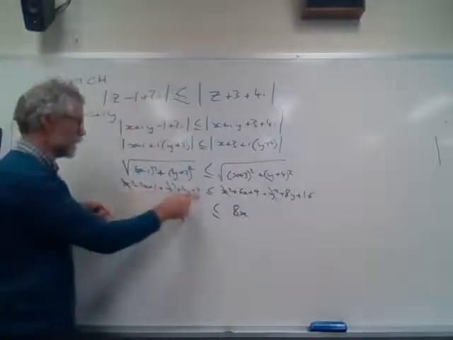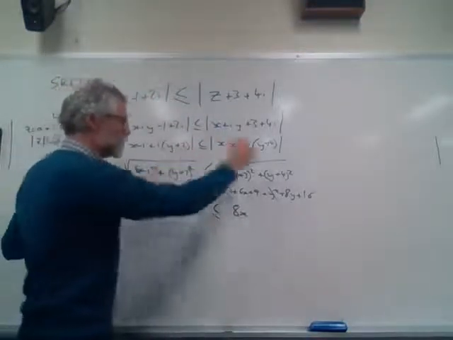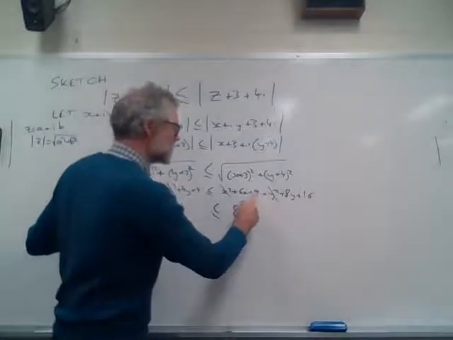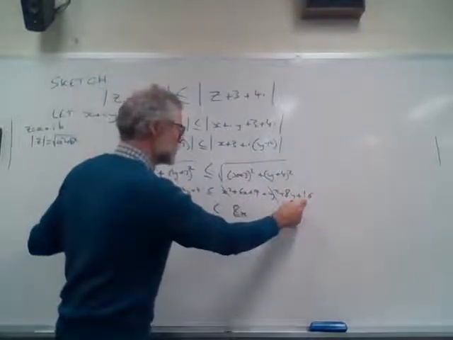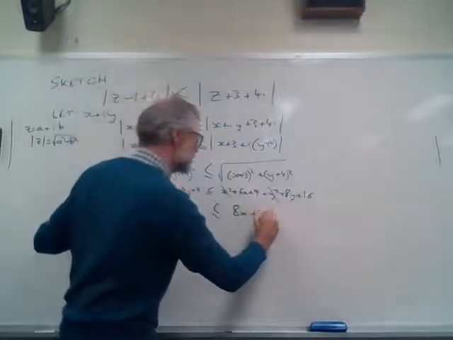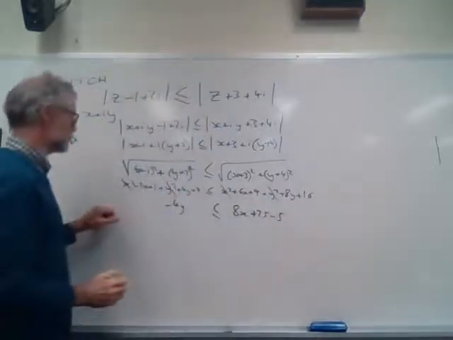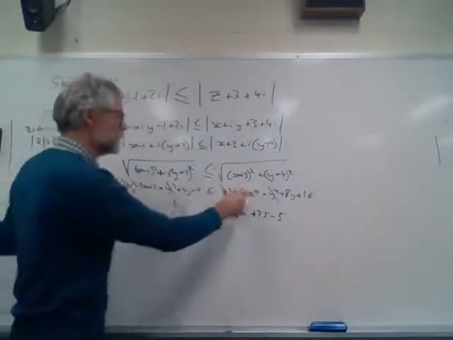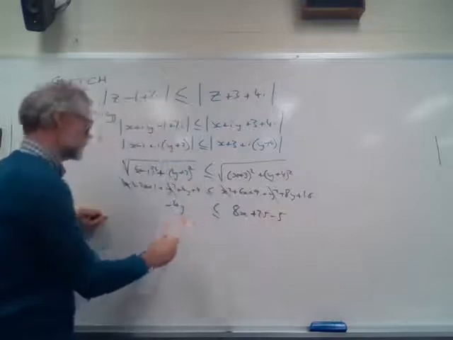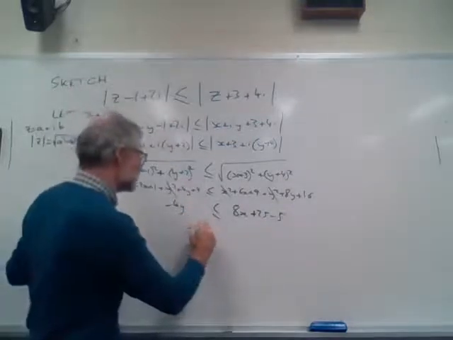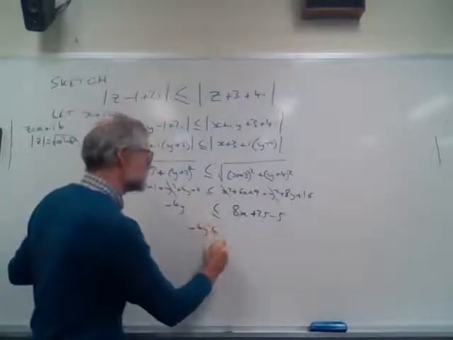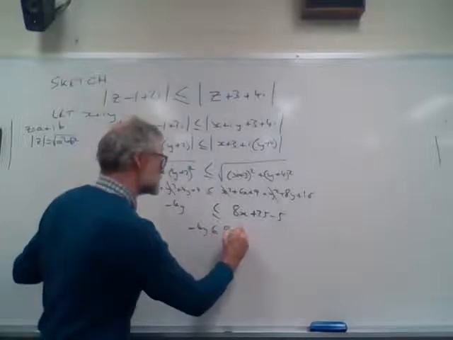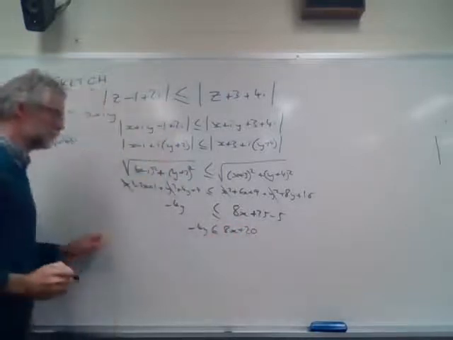I've got 5 here. I'll take 5 away from both sides. I've got 9 and 16, which is 25. So I've got 25 take away 5, that's 20. Okay, so I end up with minus 4y less than or equal to 8x plus 20.